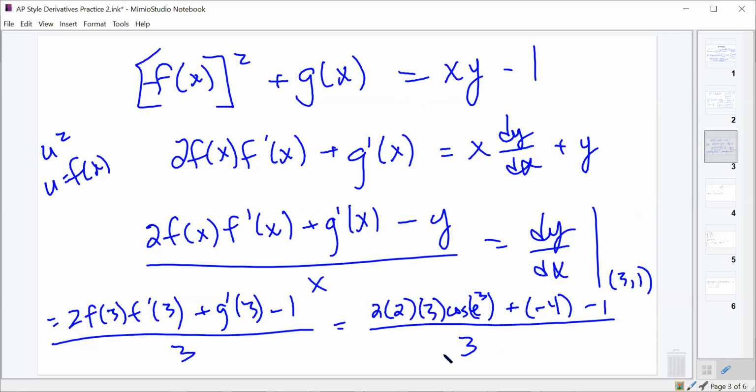And what did you get when you evaluated all that out? Negative 0.352. Everybody agree with that? I got 0.314. Uh-oh. Did a lot of people get negative 0.352? Yeah. All right, so let's just real quick plug it in here to make sure. That should be 12 cosine e cubed minus 5, all divided by 3.